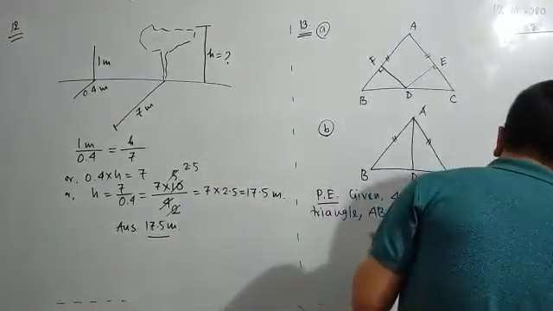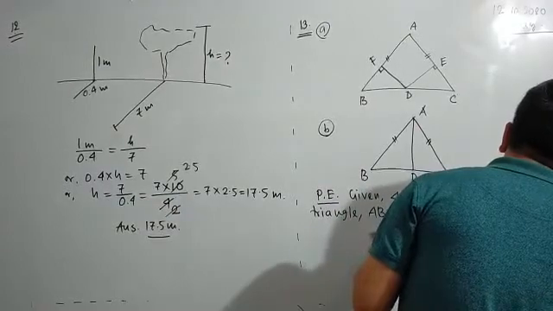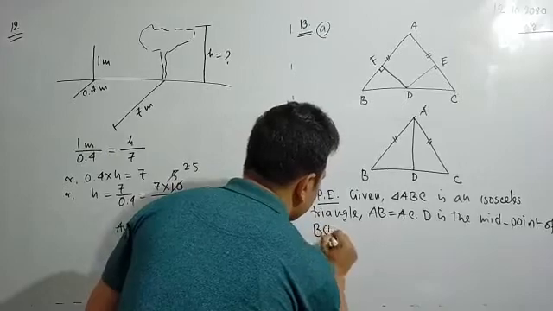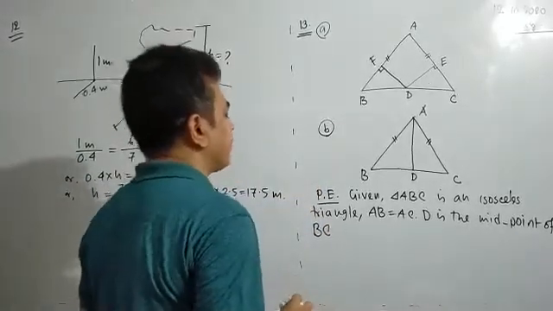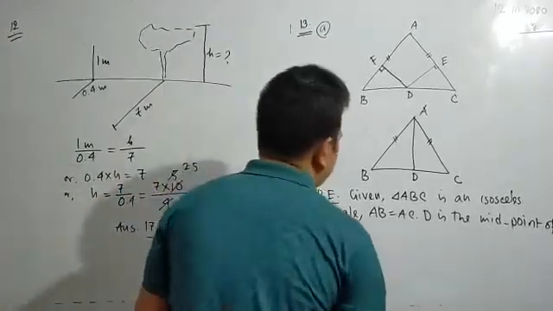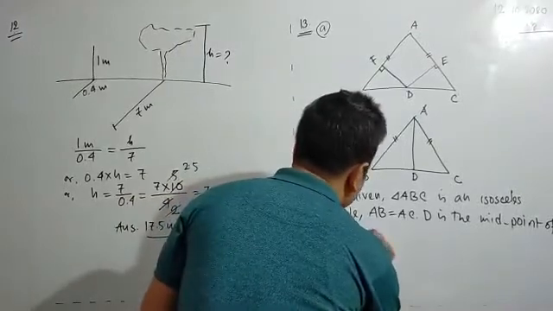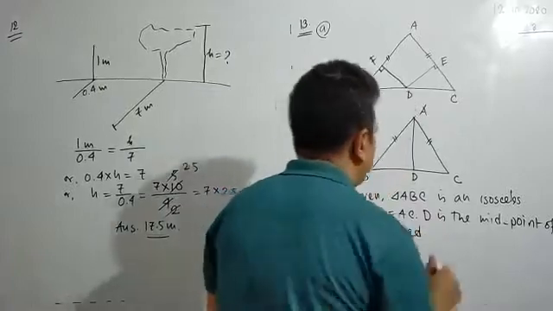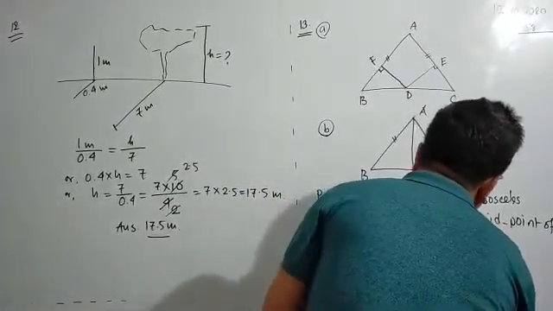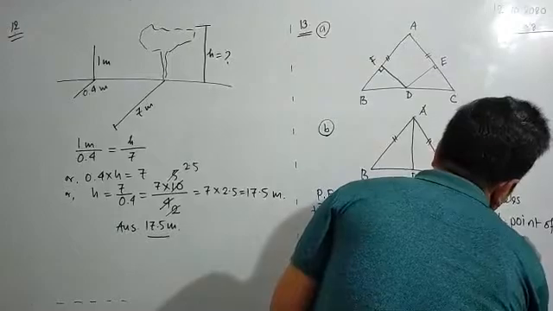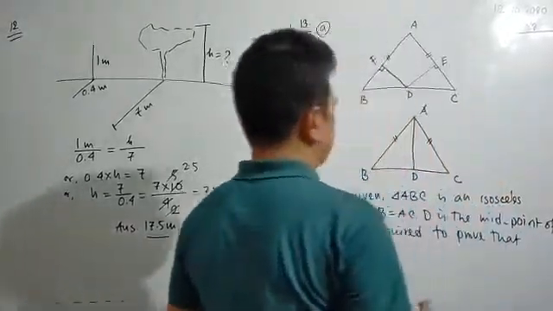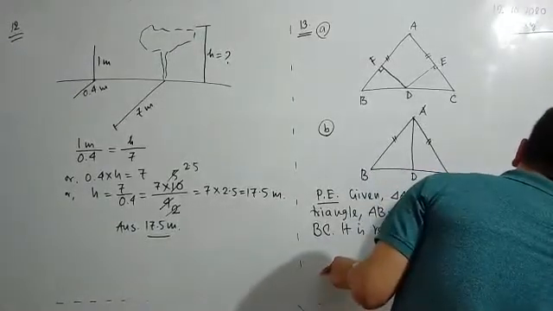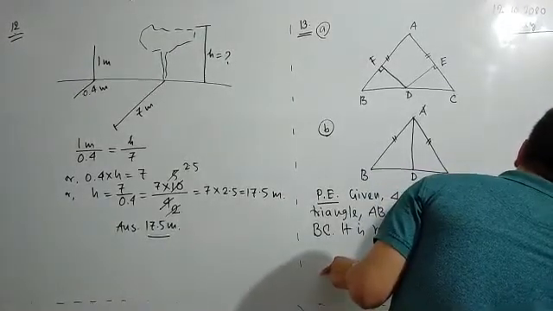D is the midpoint of BC. It is required to prove that AD is perpendicular to BC.